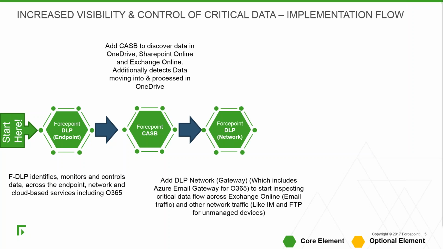The next step that you might take would be to add on a module for the DLP service, which would be network-based DLP. Again, this can work on the local environment, but what I'm thinking about here is putting in a DLP gateway in the Azure environment that monitors your email to say, okay, if email is going out from our Exchange Online environment containing sensitive data, we want to take a control for that.